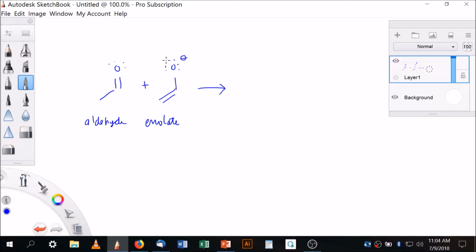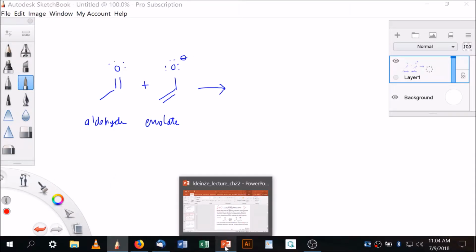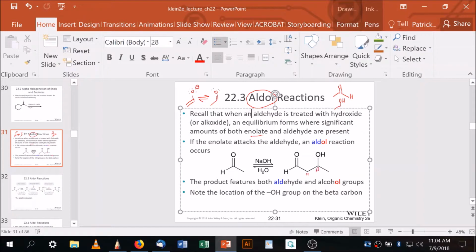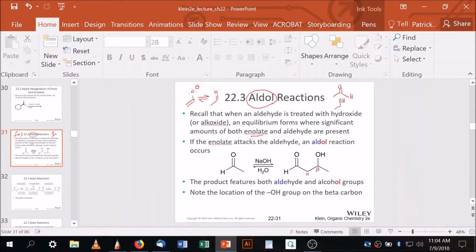I'm grabbing it. So if the enolate attacks the alkoxide, or the aldehyde, let me go back here and look at this. To be a little more active, I could have drawn this out. That would have been a good thing to do. But I'm not going to draw that for you.